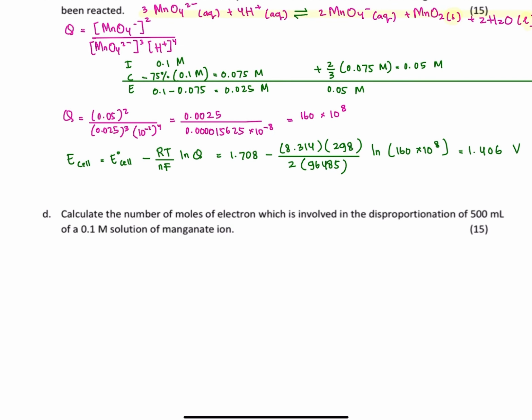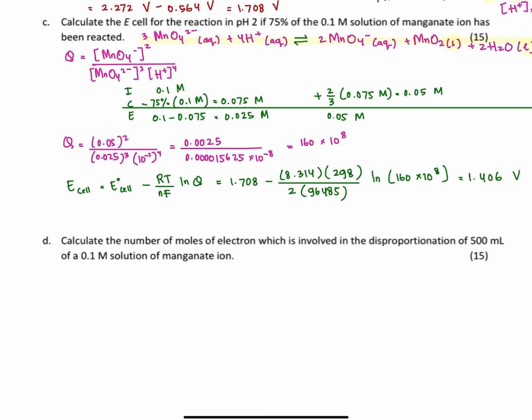Okay, and then let's take a look at question D. Calculate the number of moles of electrons involved in the disproportionation of 500 milliliters of 0.1 molar solution of manganese ion. So the moles of manganese ion we can calculate from the multiplication of volume and molarity.